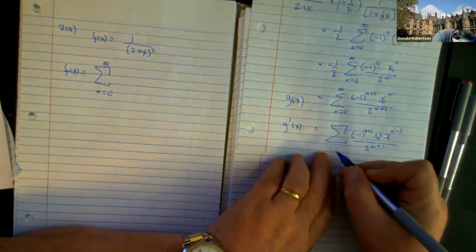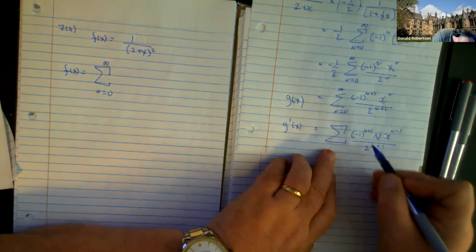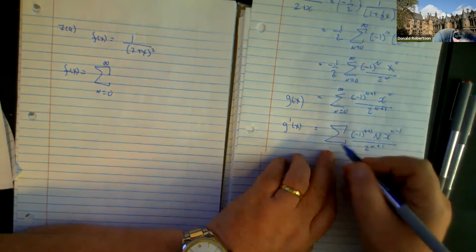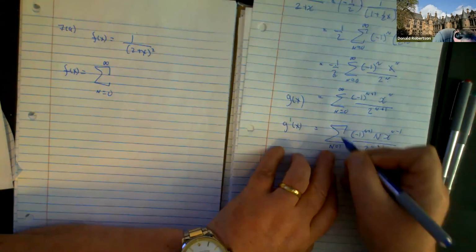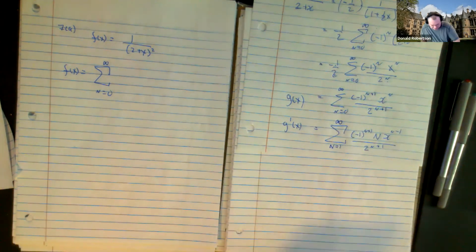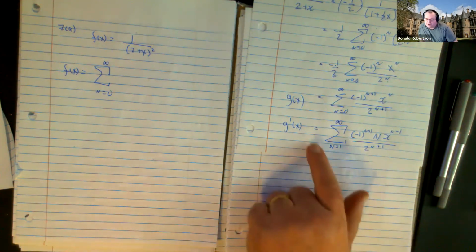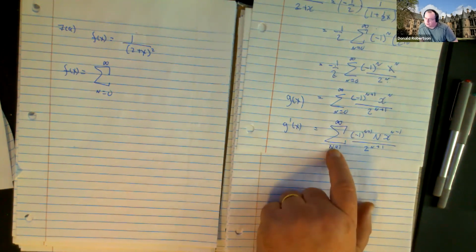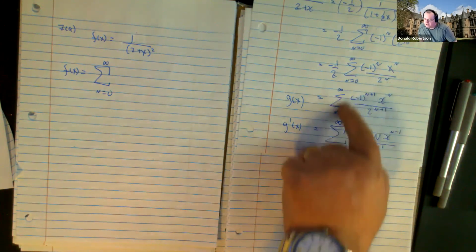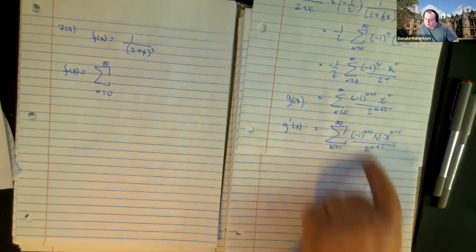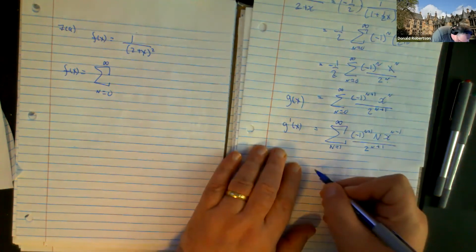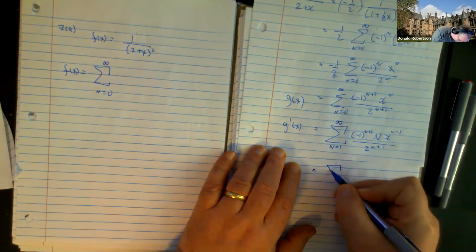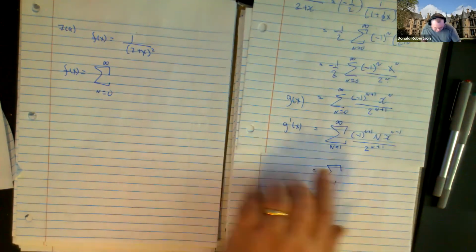Now, technically speaking, this starts at n equals 0, but when n equals 0, this whole thing is 0. So I'm going to move it to n equals 1, which does the same job. And typically, that's what you should do. When you differentiate a sum that has a 0, just start at 1. It takes care of the little idiosyncrasies of what the first term might be. And then I'm going to do some other algebra to finish this question off.